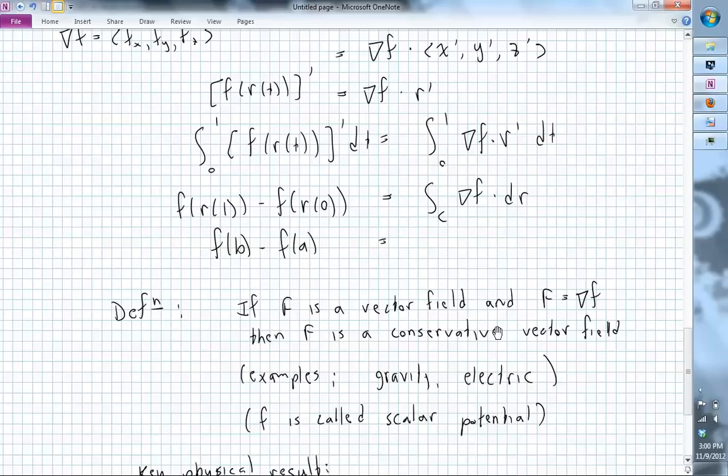This is a work integral. And notice, the value of this integral depends on what? Where you start and where you end up. And it doesn't care how you got there. So I can go from here over to that corner and then back to here, and I've done the same amount of work as if I go from here to here.